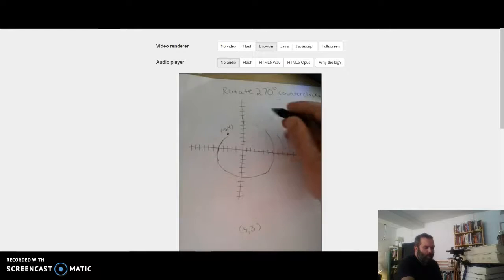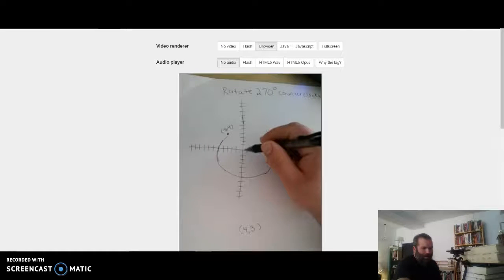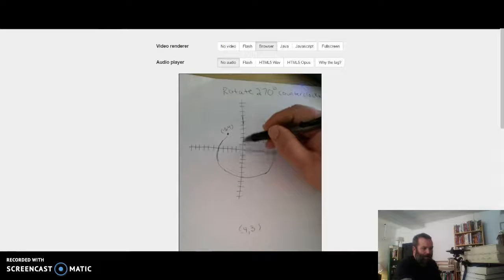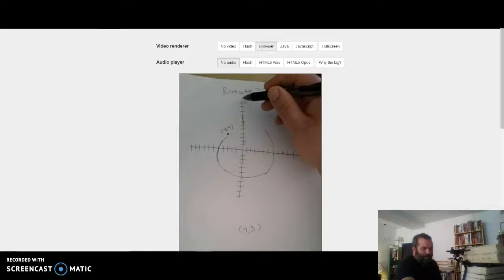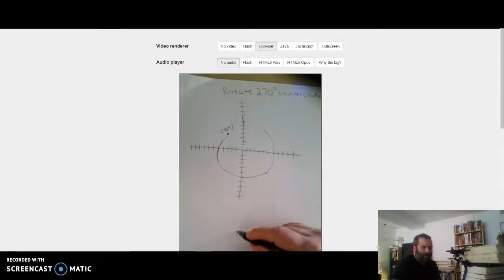Well, look at what quadrant that point's going to be in. It's going to be in this quadrant right here. And we know that this quadrant has a positive x and a positive y. Therefore, this new point, both numbers are going to be positive. And that's how you rotate the point 270 degrees counterclockwise.